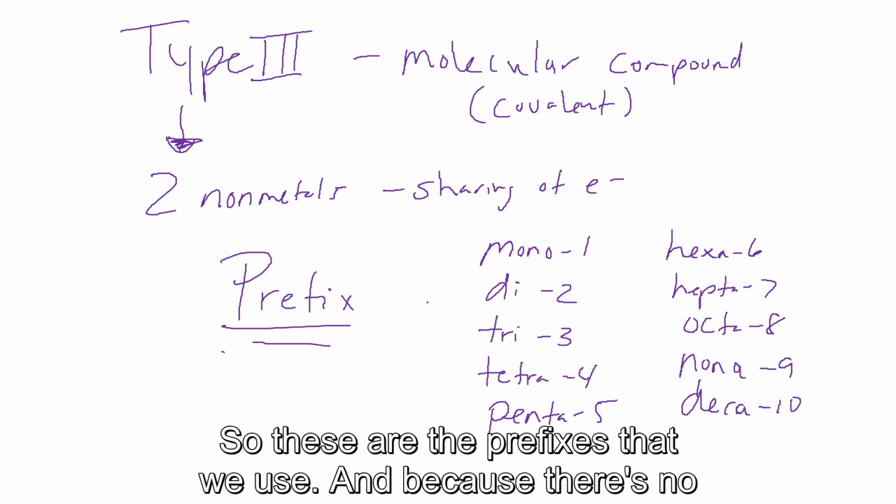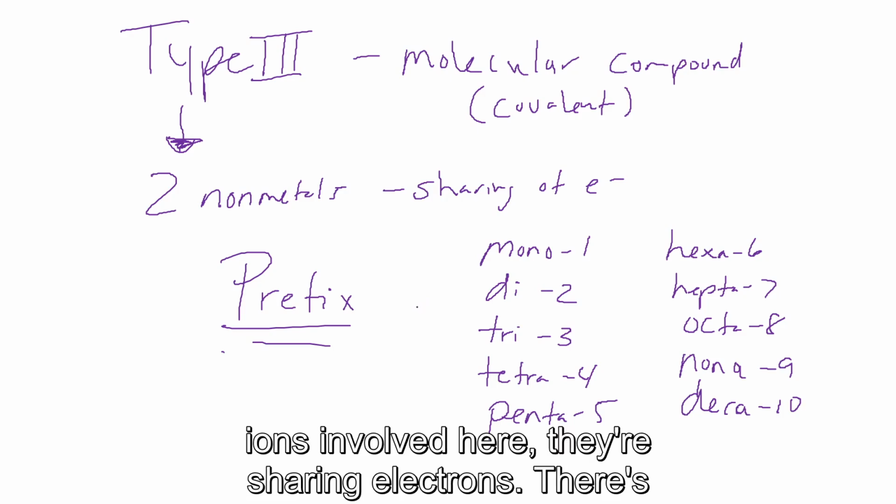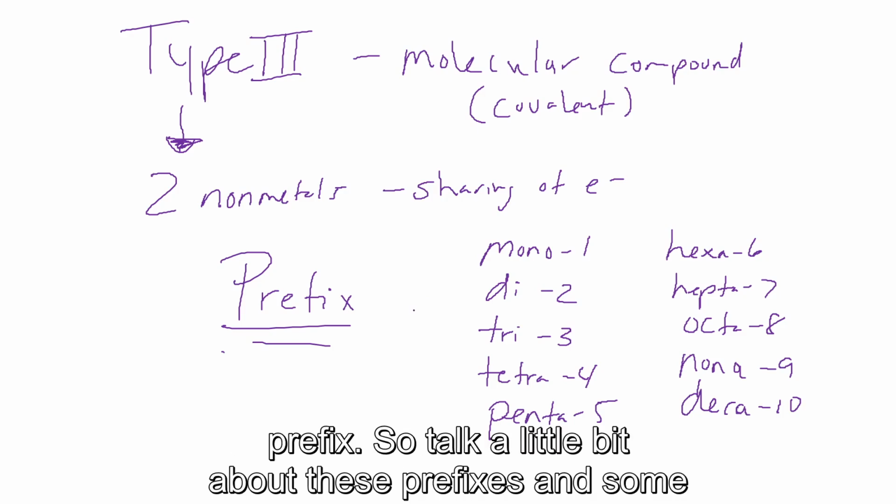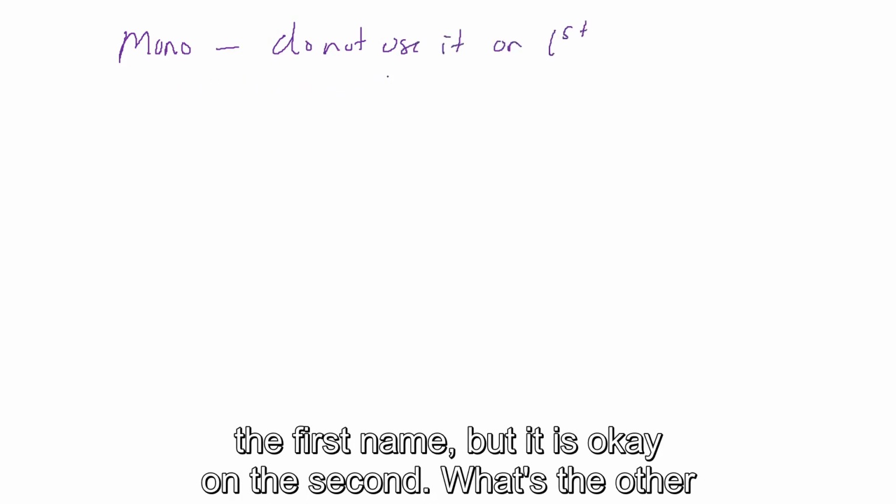These are the prefixes that we use, and because there's no ions involved, they're sharing electrons, there's really not too much to figure out other than pick the right prefix. So let's talk a little bit about these prefixes and some rules involved with them. Mono, first off, we do not use on the first name, but it is okay on the second.